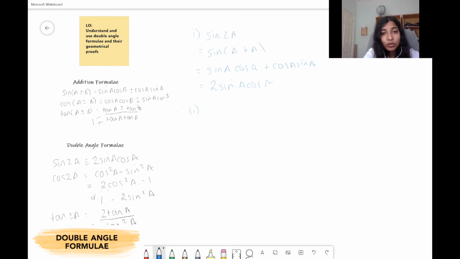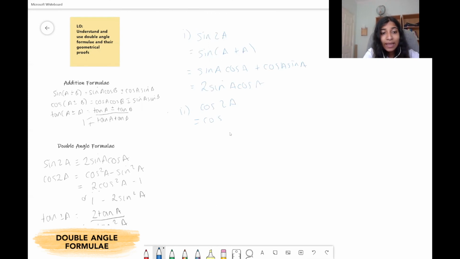Now if we move on to cos 2A, if you want to try this out for yourself, feel free to do so. We just want to rewrite that as cos(A+A), and if we substitute that in, we'd get cos A cos A minus sin A sin A. So that's just equal to cos squared A minus sin squared A. And now there are two different forms you can get.